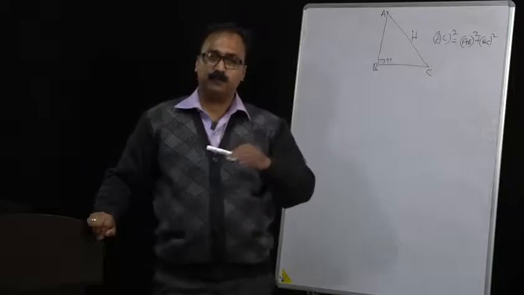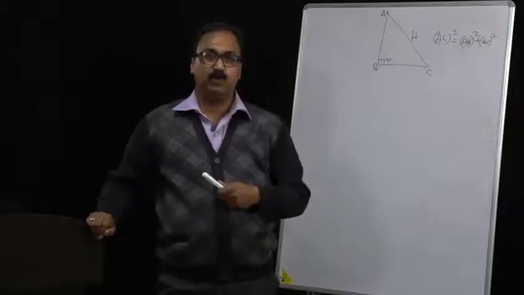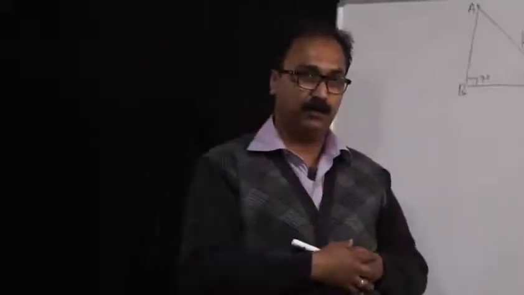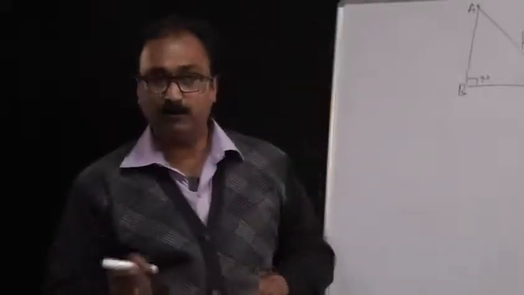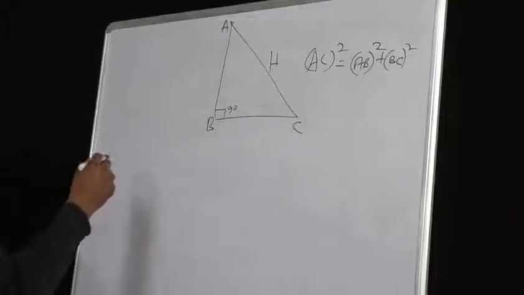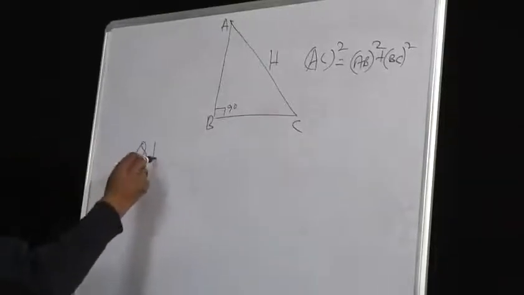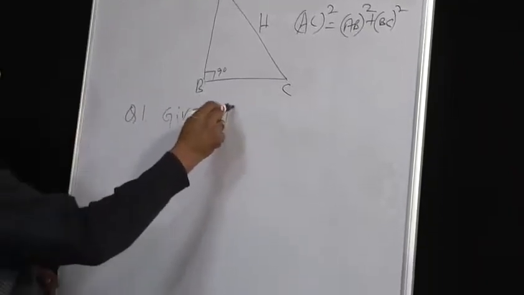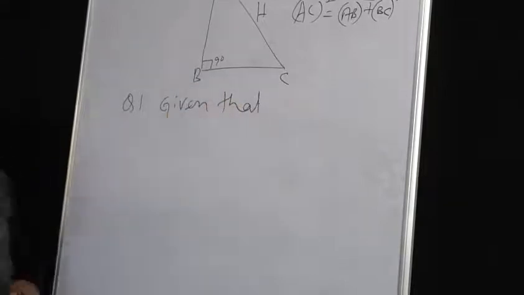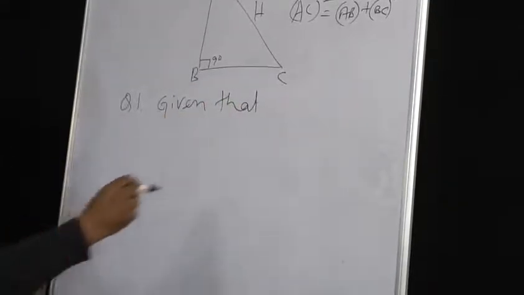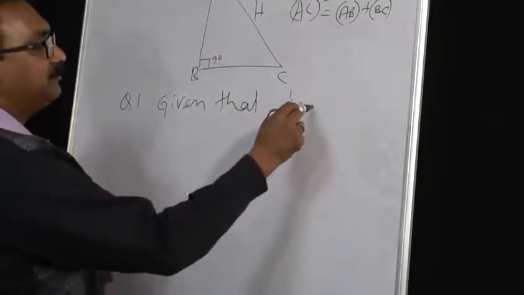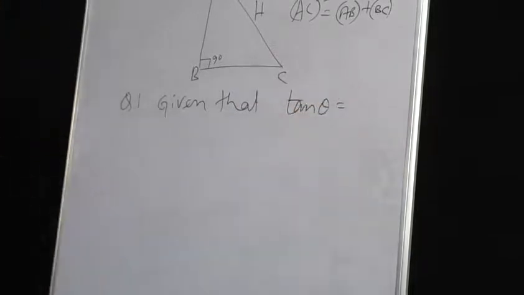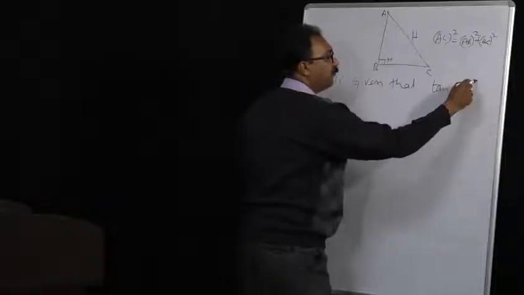Now we come to problem solving. Some problems we will solve together, which will really help you in the chapter. Please write down the question we will solve here. Question 1: Given that tan theta is equal to 4/3.